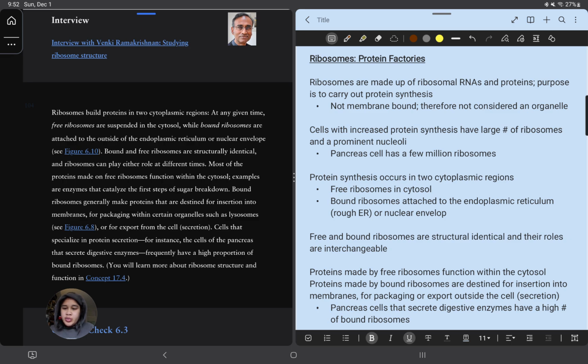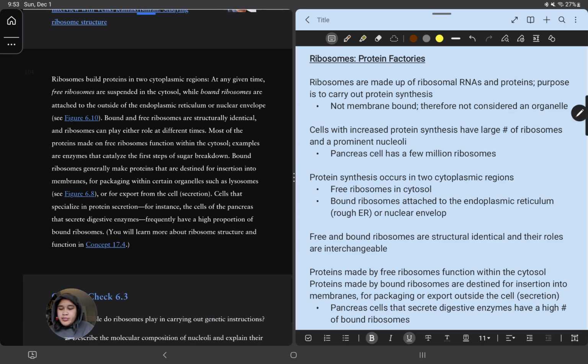Cells that specialize in protein secretion, for instance, the cells of the pancreas that secrete digestive enzymes, frequently have a high proportion of bound ribosomes. You will learn more about ribosome structure and function in concept 17.4.